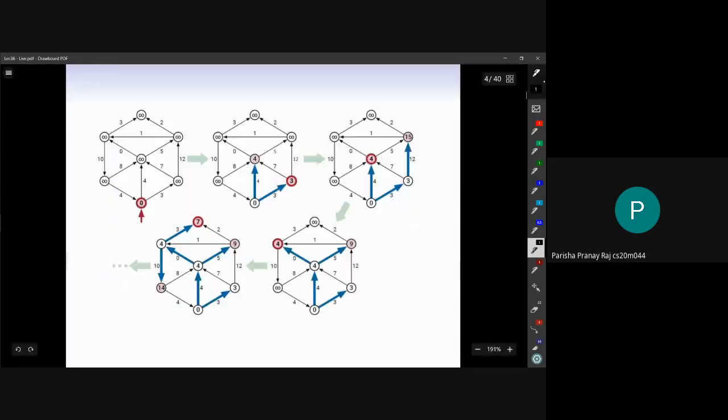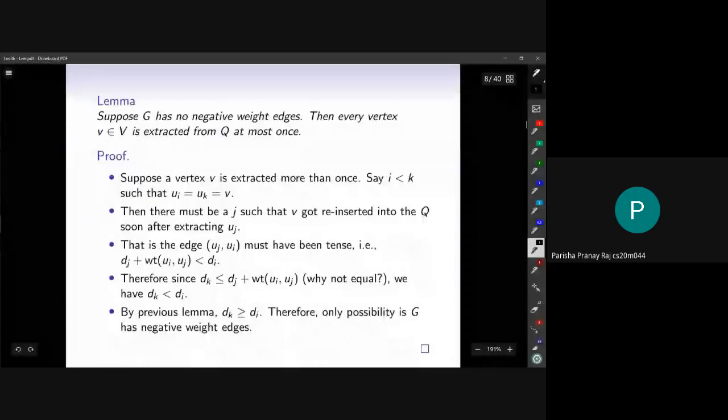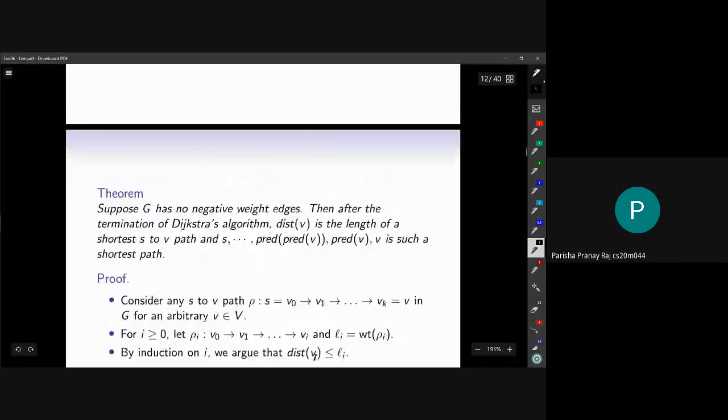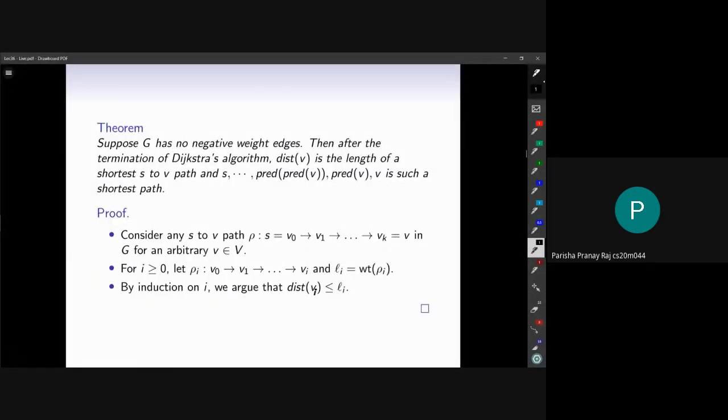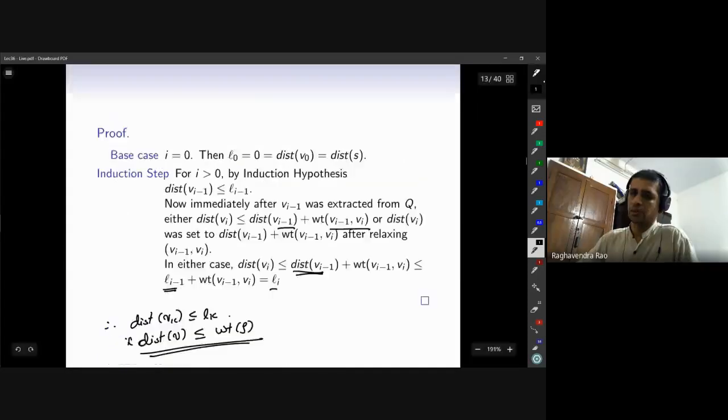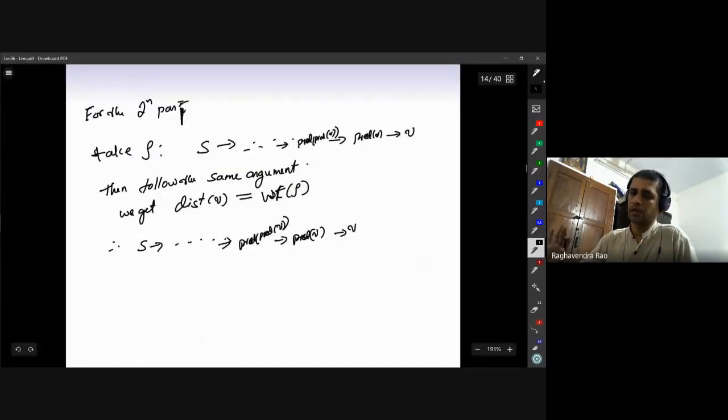The statement says that there is a path between S and V which involves vi and vi minus 1. Yeah, but look at the path that we have taken. We have taken rho as this specific path, going backward through the predecessor of V. Vi minus 1 is the predecessor of Vi, right?